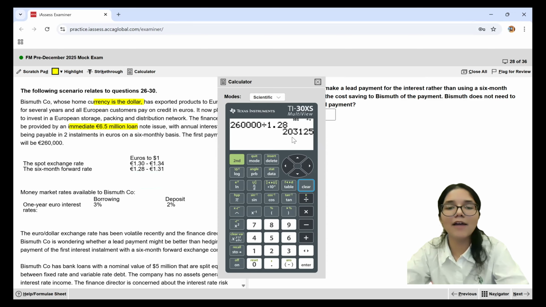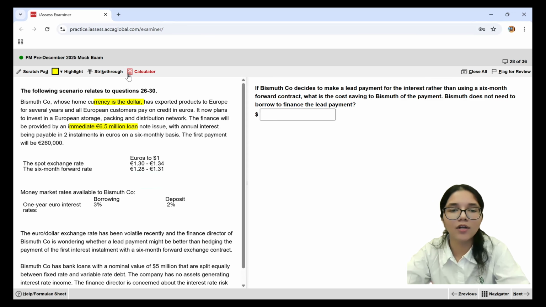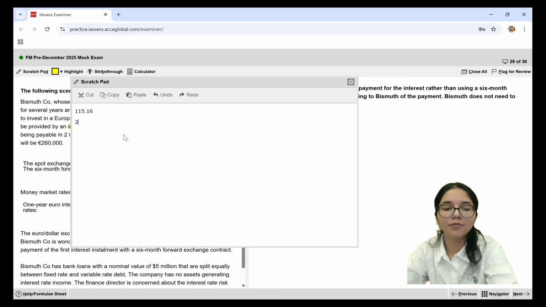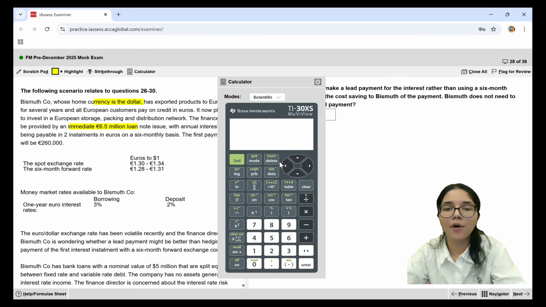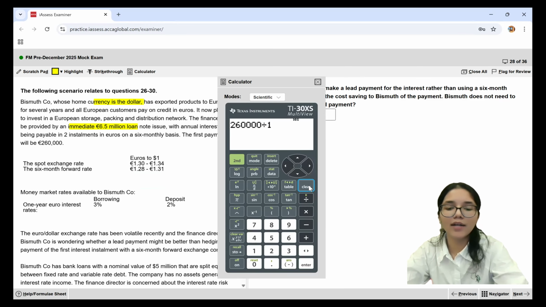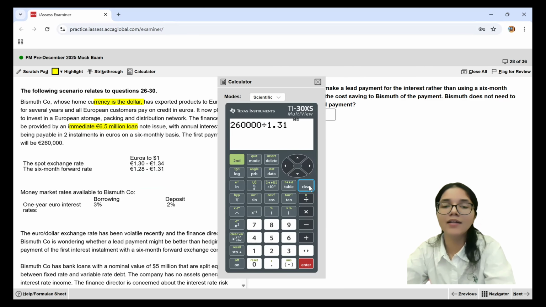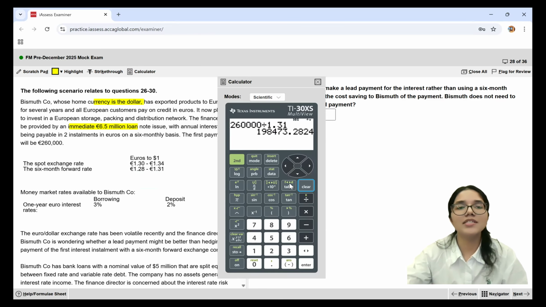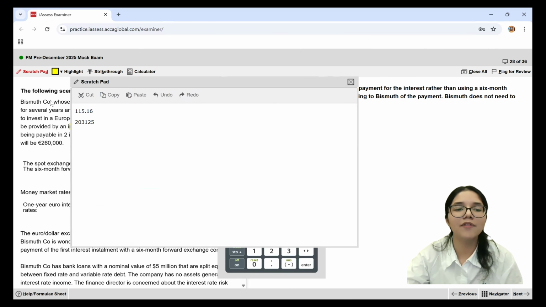If that's the case, you'll have to pay $203,125. You can note this down: 203,125. This is the amount of dollars that you'll have to shell out of your pocket. Another choice is to convert the 260,000 euros using 1.31, where you pay 198 something dollars. So obviously the dealer will offer you the rate where you have to pay more dollars. This is the rate that will be locked by the dealer.